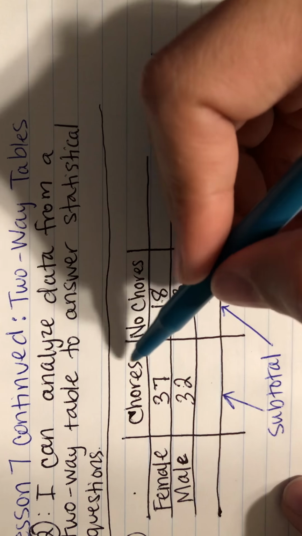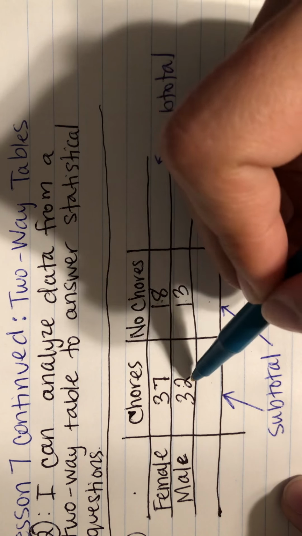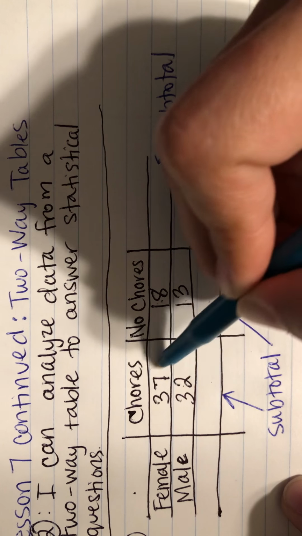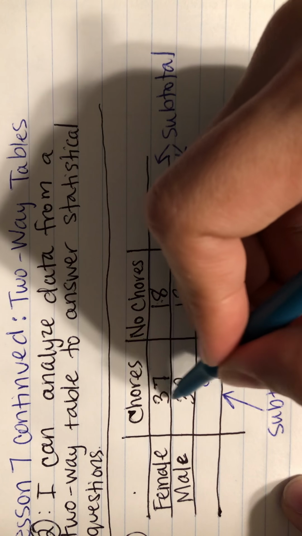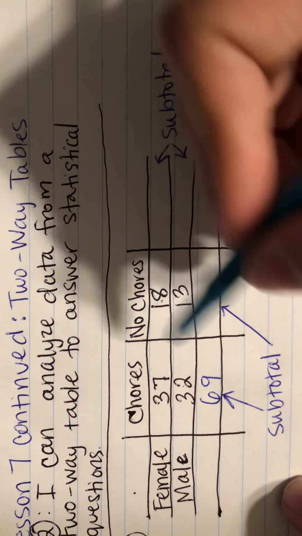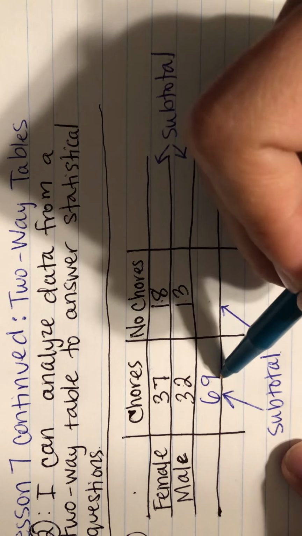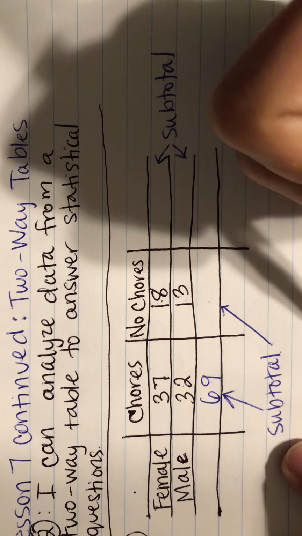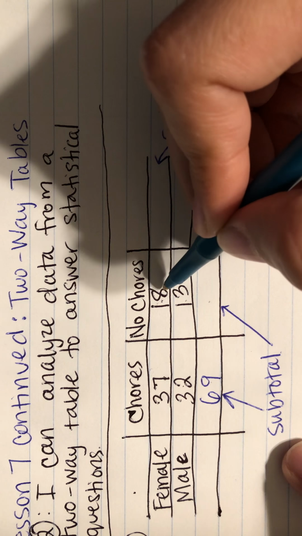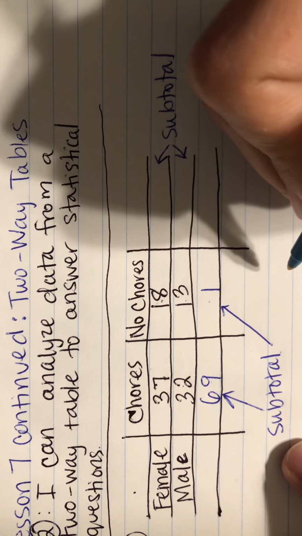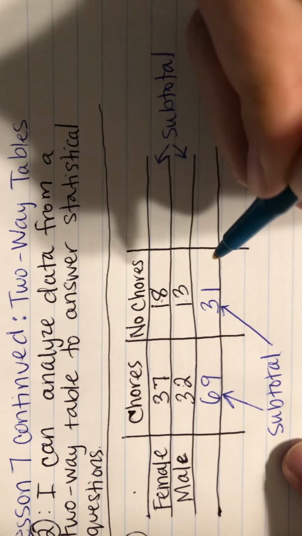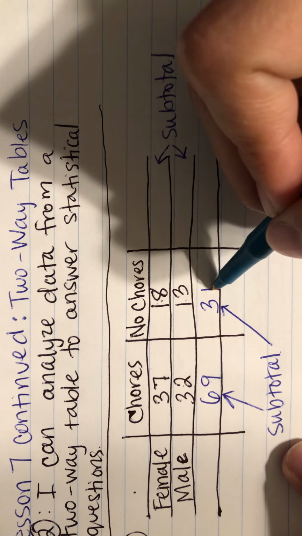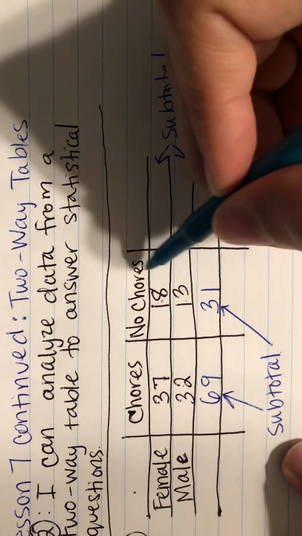So we can find the total amount of people that said that they had chores by adding these two numbers together. 7 plus 2 is 9. 3 plus 3 is 6. So there was a subtotal of 69 people that did have chores. And we're going to add these. 8 plus 3 is 11. That 1 plus 1 and 1 is 3. So 31 people out of everyone asked did not have chores.